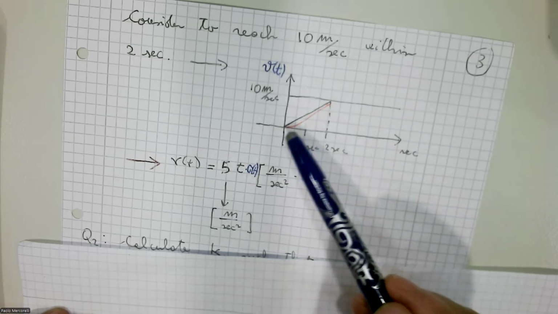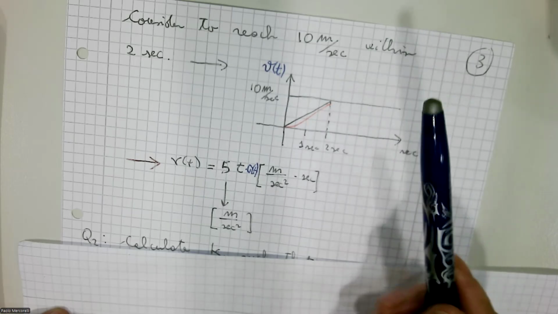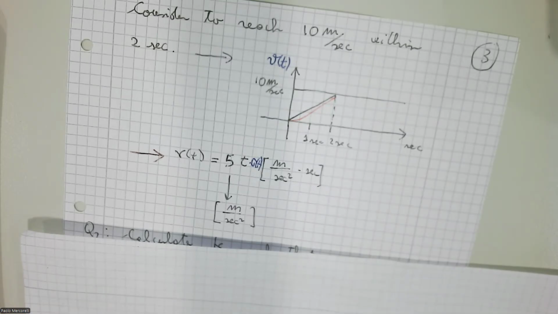V of t, better to say, is the red line, which is not exactly R of t, because R of t, we will see, is our reference signal, which can be used in order to approximate my real velocity. Please pay attention.